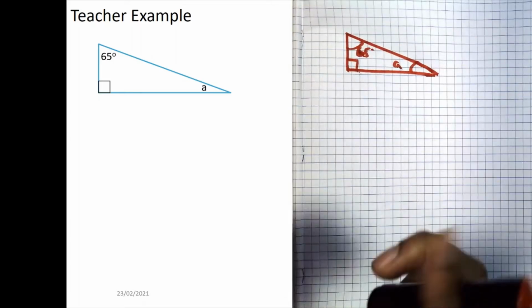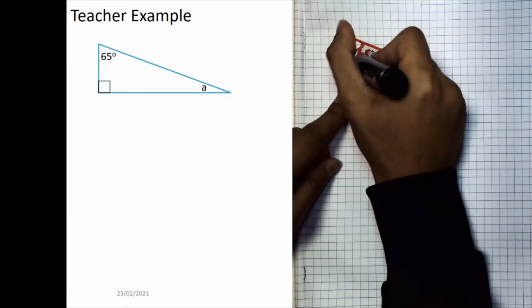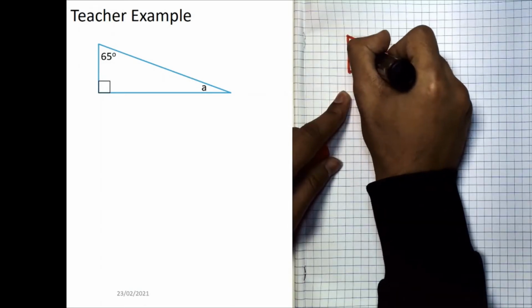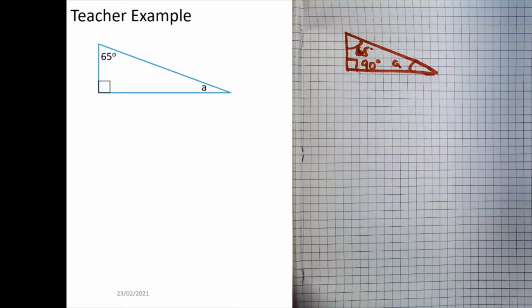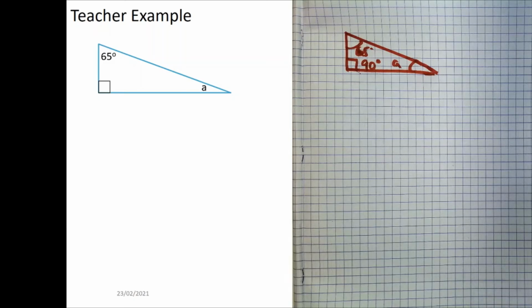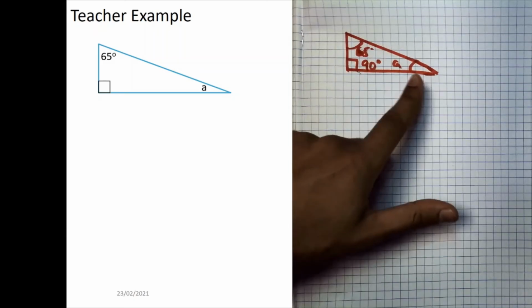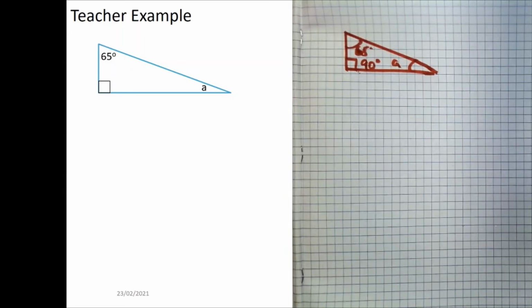Now, I like this cover up method just as I always do. If this is a right angle, by the way, you should know that that is 90 degrees, okay? But as I've been using my cover up method, it is probably the most optimal method you could use here. So we know that these three all add up to 180 degrees because angles in a triangle do add up to 180.